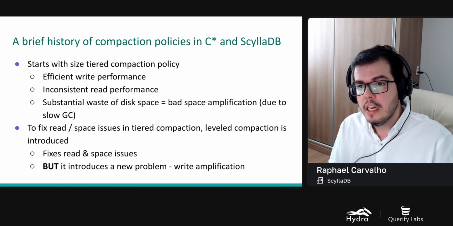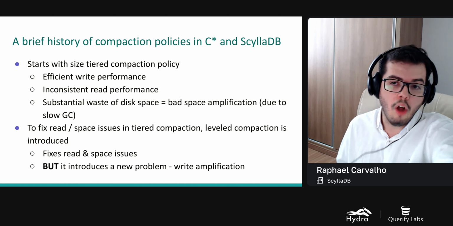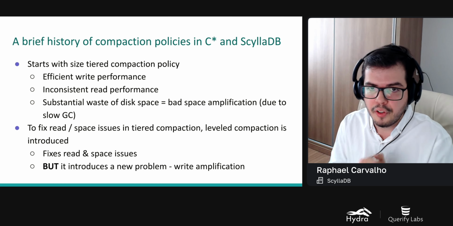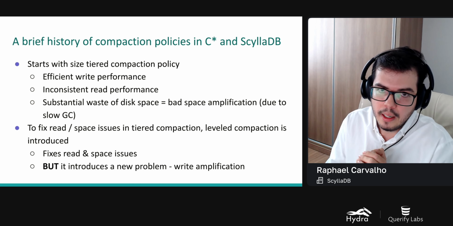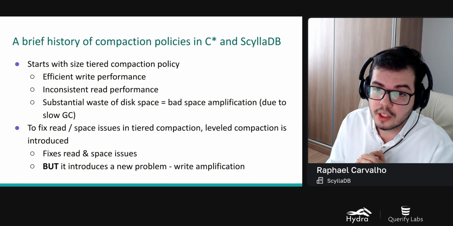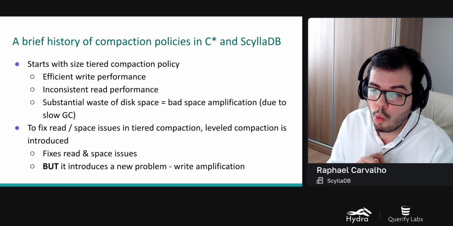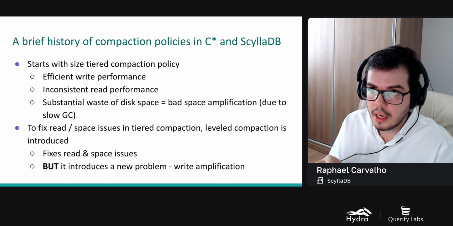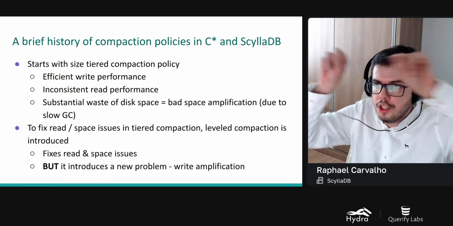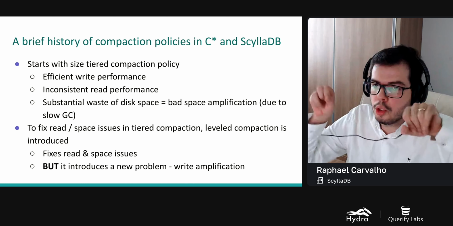In Cassandra and ScyllaDB, it was the other way around. We started with the tiered policy, which is efficient for write performance, but it's not good at read performance because it has a substantial waste of disk space, because the redundant data can accumulate more easily with the tiered layout in the LSM-tree.